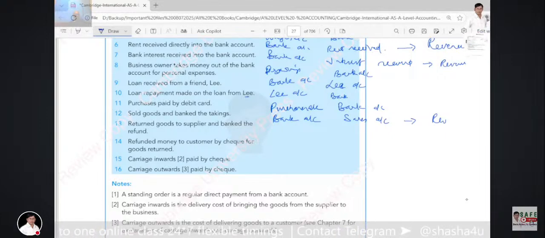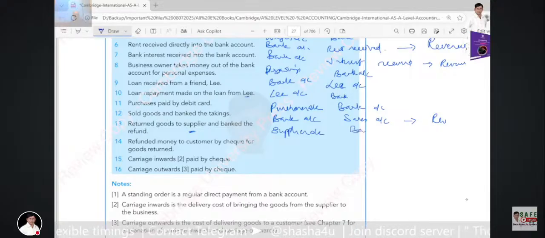Return goods to supplier and bank the refund. So you are returning the goods to supplier. So supplier is receiving, so you will debit supplier, and money will go out from bank.